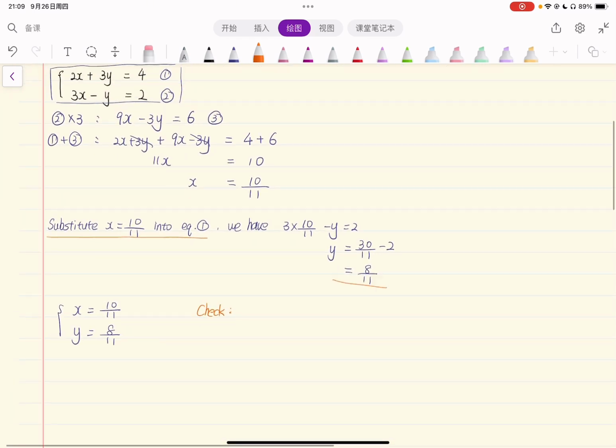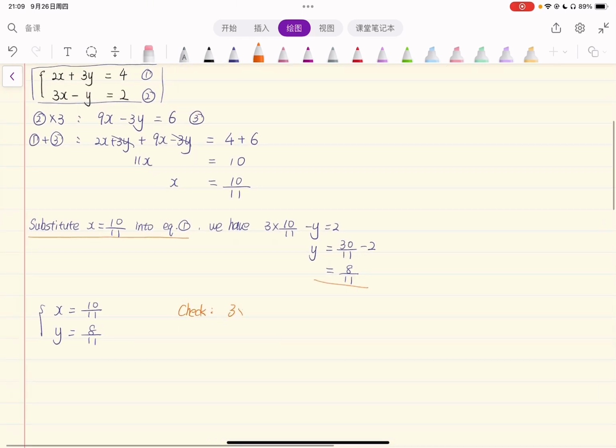We have 3 times 10 over 11 minus 8 over 11, that equals 30 over 11 minus 8 over 11, we have 24 over 11.